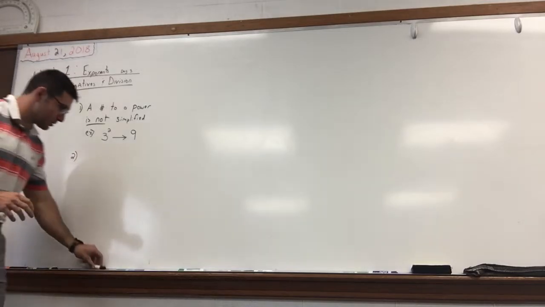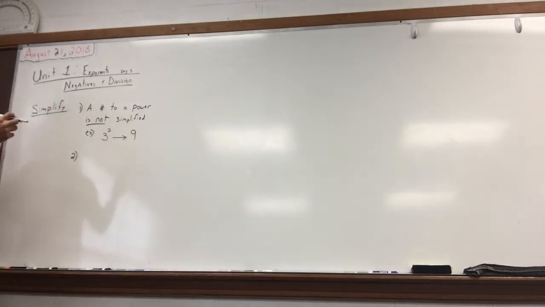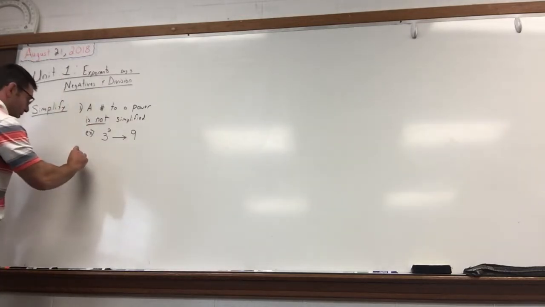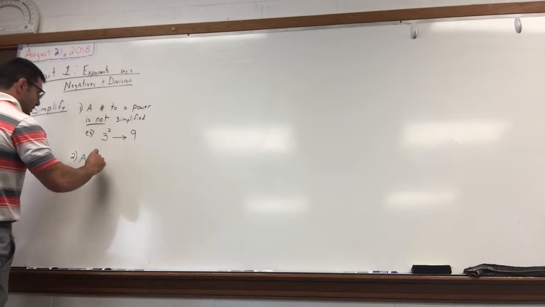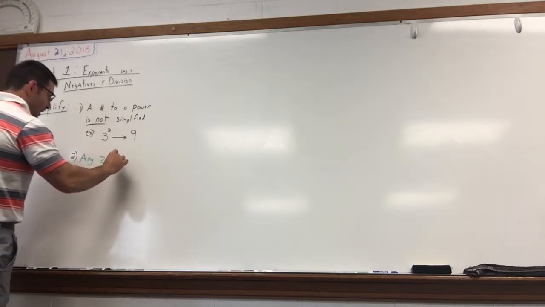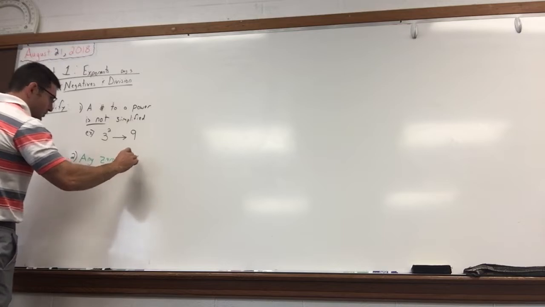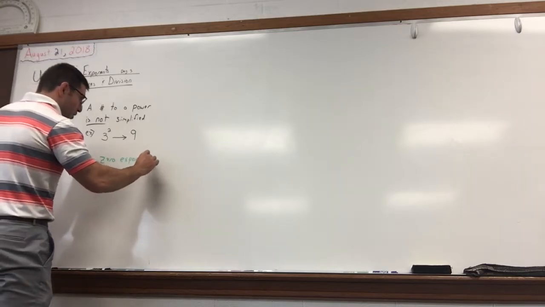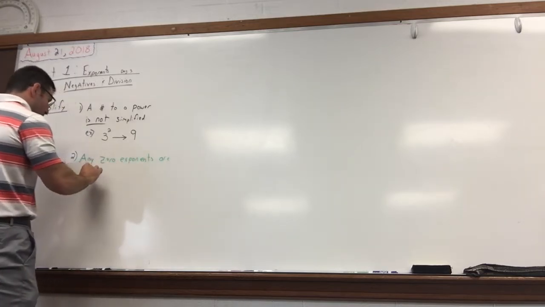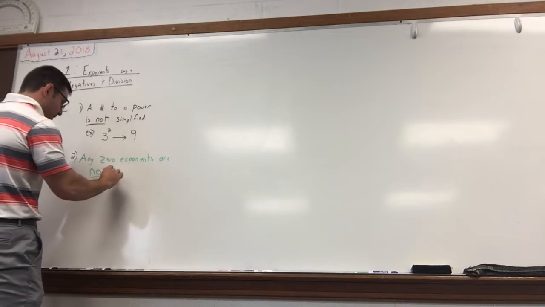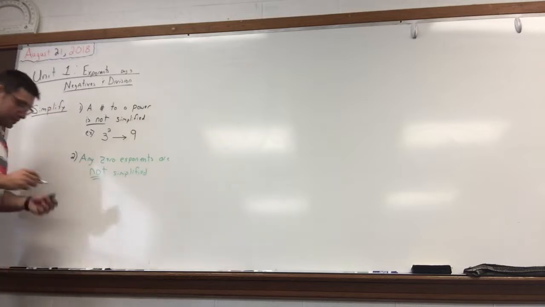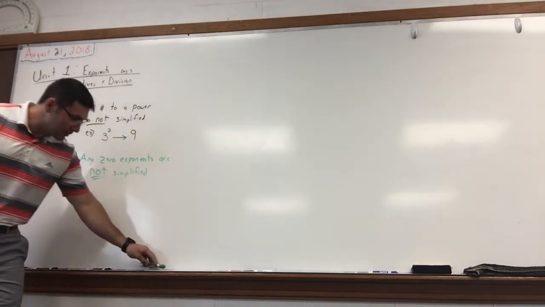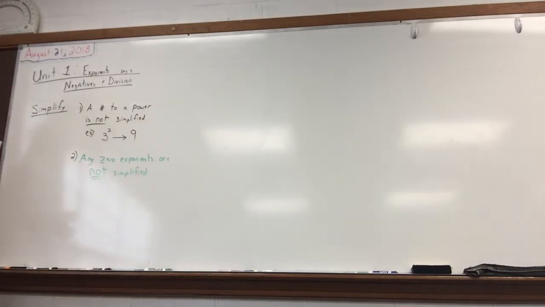Let's change colors. Any 0 exponents are not simplified. So anytime that you have a 0 as an exponent and you give that to me as an answer, it's not simplified.